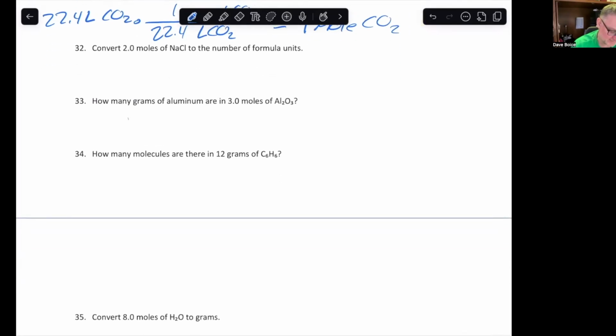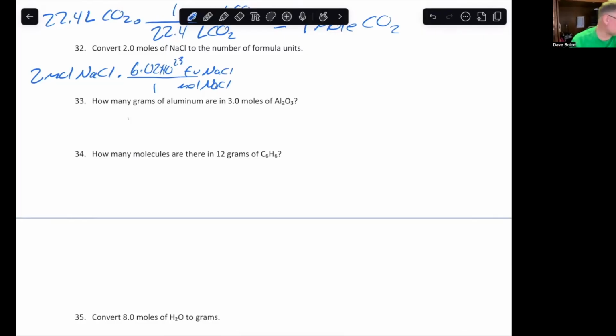Convert 2 moles of NaCl into the number of formula units. So let me slow down a bit. Let's do these. This is important, that you can do multi-steps. So 2 moles of sodium chloride, NaCl. Okay, now moles to formula units. So I can do that. Formula units of NaCl, and 1 mole of NaCl or anything else has 6.02 times 10 to the 23rd.